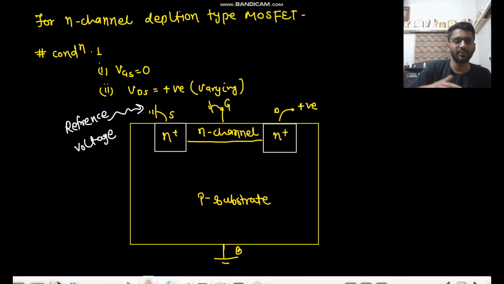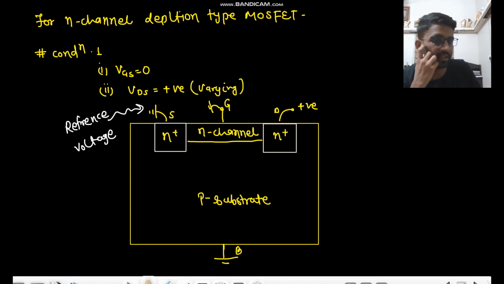Your source and body are both shorted to the ground. So our source is our reference voltage. Now I am putting gate to 0, source to 0, and VD is positive. The drain voltage is positive. Now we need to see what happens.